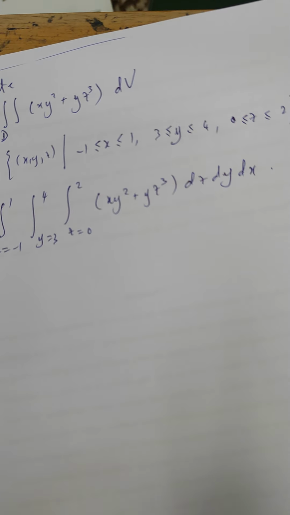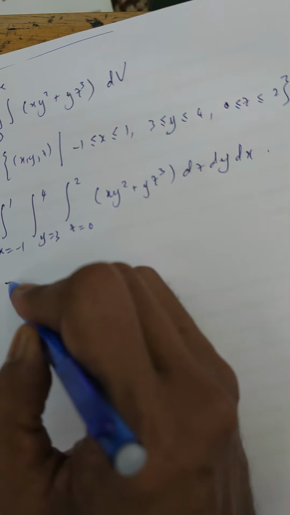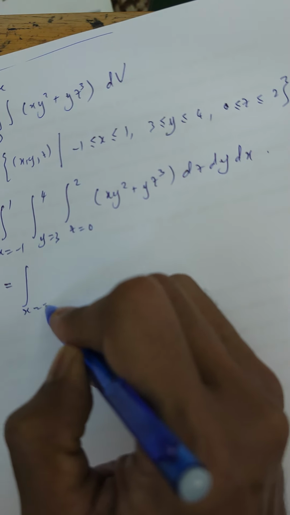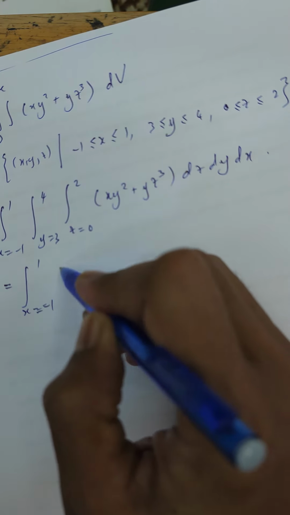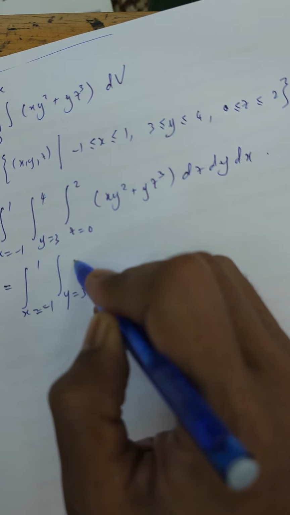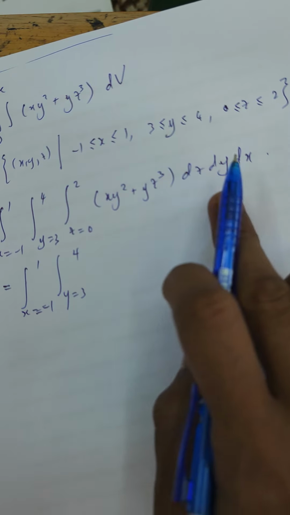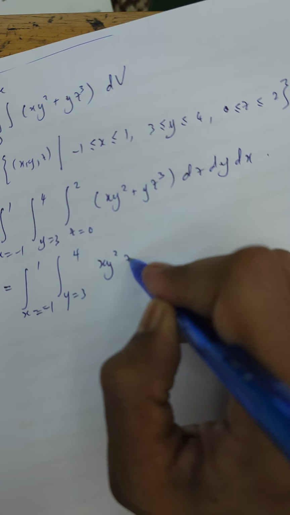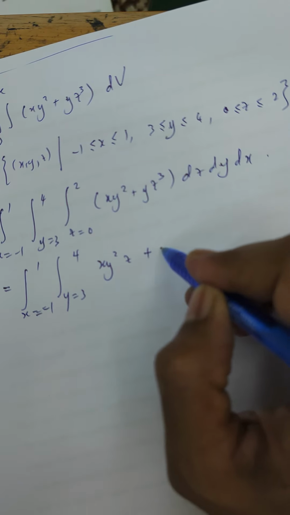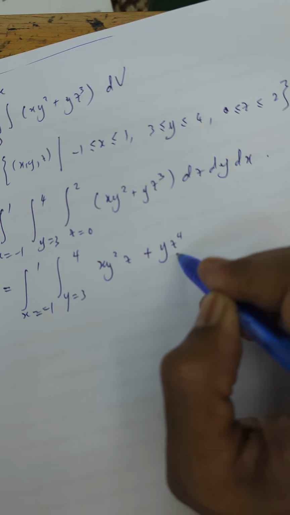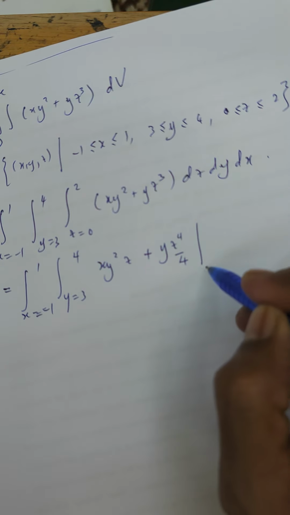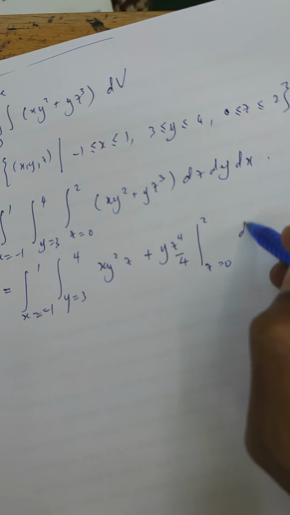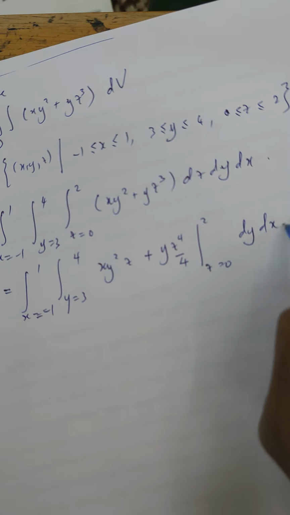Then we integrate this iteratively. With x from -1 to 1 and y from 3 to 4, we integrate z, so we have xy squared z plus y z to the 4 over 4, z from 0 to 2. What is left is dy dx.